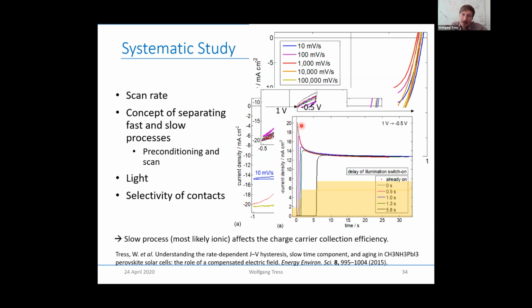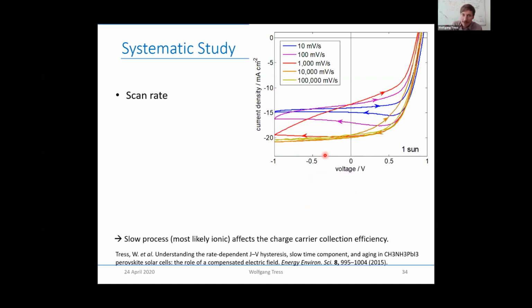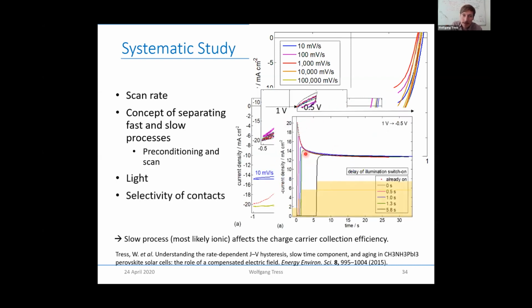You see that it's high and decreases, consistent with the hysteresis: when you come back, you first have a high current, and then it has to decrease. As you can see, it takes in the order of several seconds.